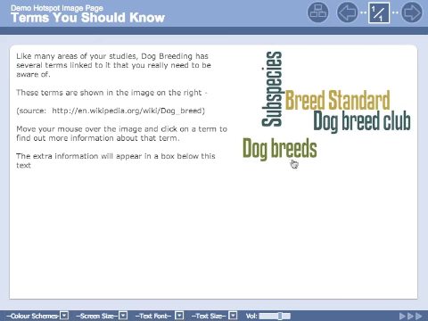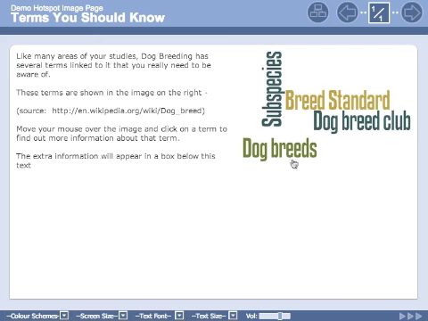So that's a very basic way of using a hotspot page. This image on the right has various hotspots defined, and each one has text linked to it. So let's have a look at a different way of using a hotspot page.